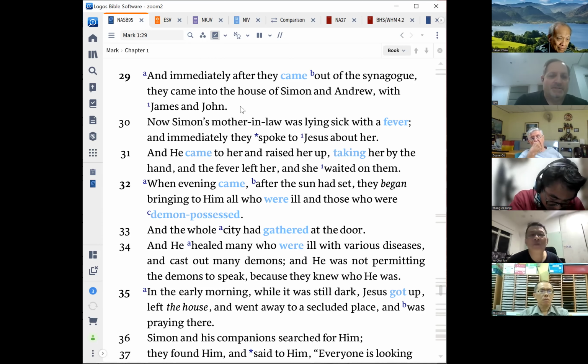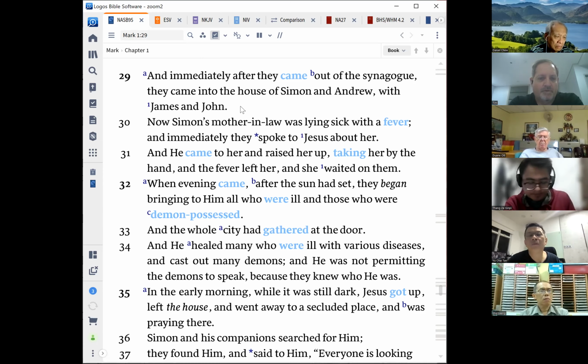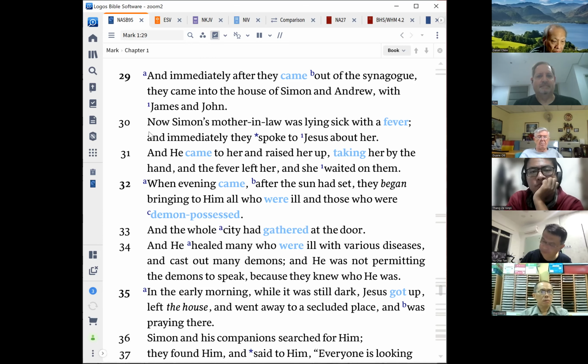But yeah, what else do we see here? Some of the details that the narrator mentions about the mother-in-law and what Jesus did. Anything strike you? I think there's some interesting details here.